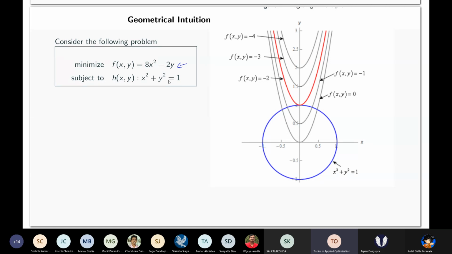If I plot the constraint, it will be the circle here in blue, that is x² plus y² equal to 1. f(x,y), unfortunately, is 3D, so if I have to plot it, it will be a surface plot. It will be a plot in the xy plane, but then I have to put the values above the xy plane, indicating the value of 8x² minus 2y.